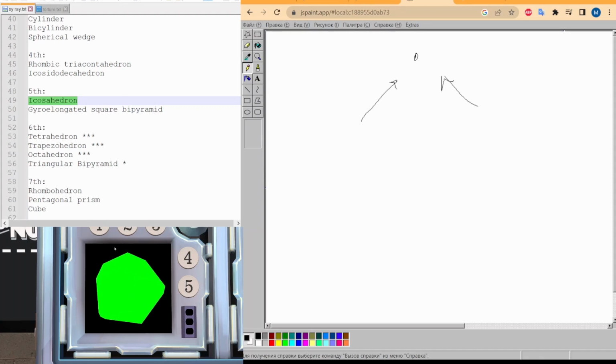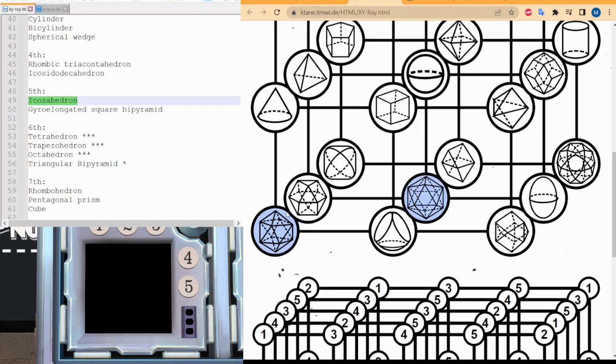Here, 1, 2, and after they met, they split into 2 vertices, which means there are 4 connections to this vertex, and we confirmed that it's indeed this shape. If you could find the second one, just to confirm that this one was obvious, so I will not do that.